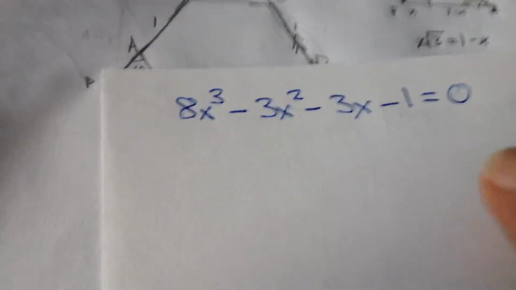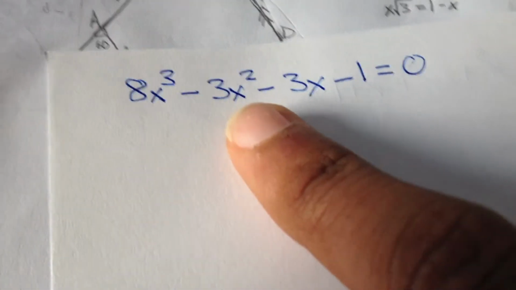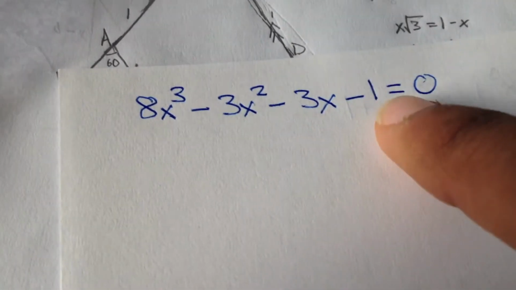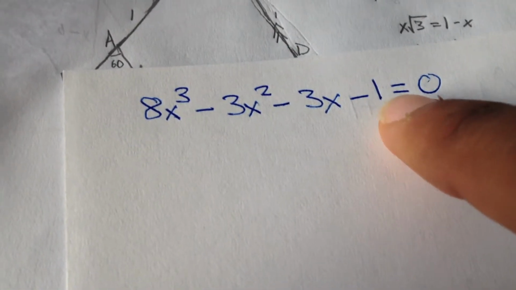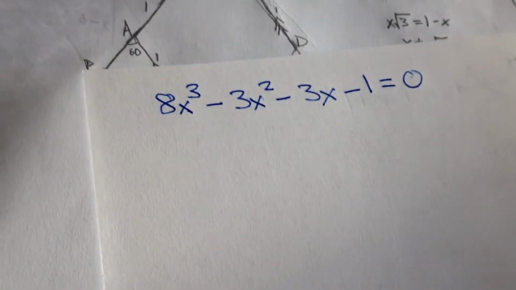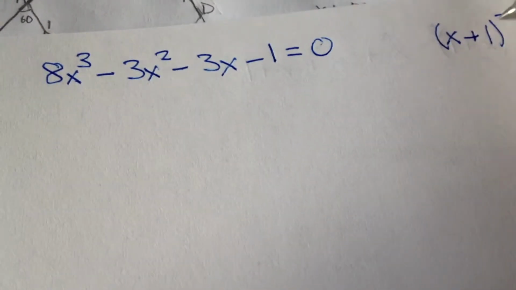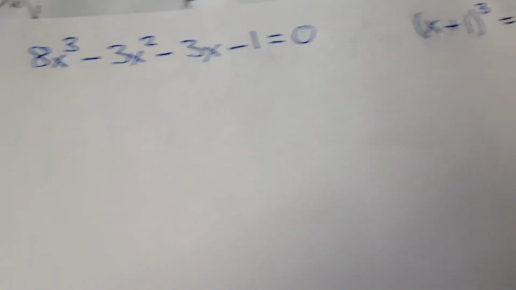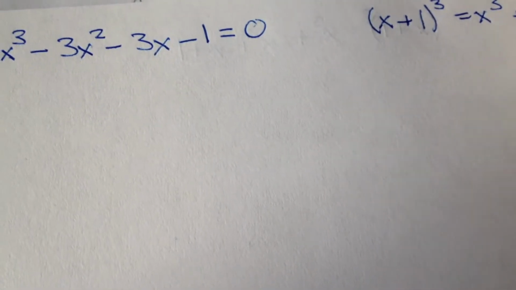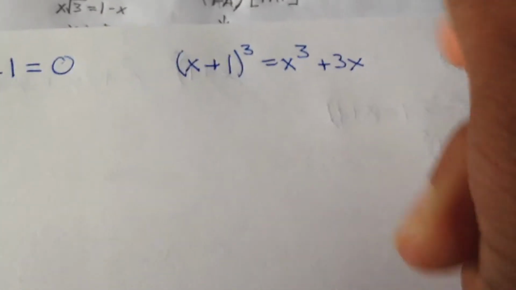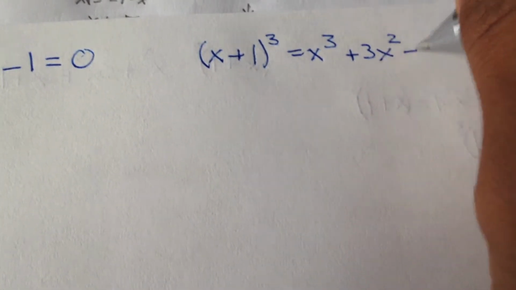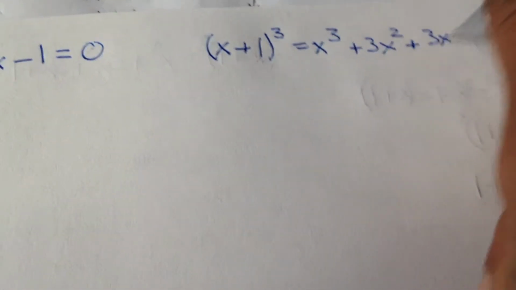The thing that sticks out to me here are these terms, negative 3x squared, minus 3x, and minus 1. These just look like the terms of x plus 1 the whole cubed, which is x cubed plus 3x squared plus 3x plus 1.